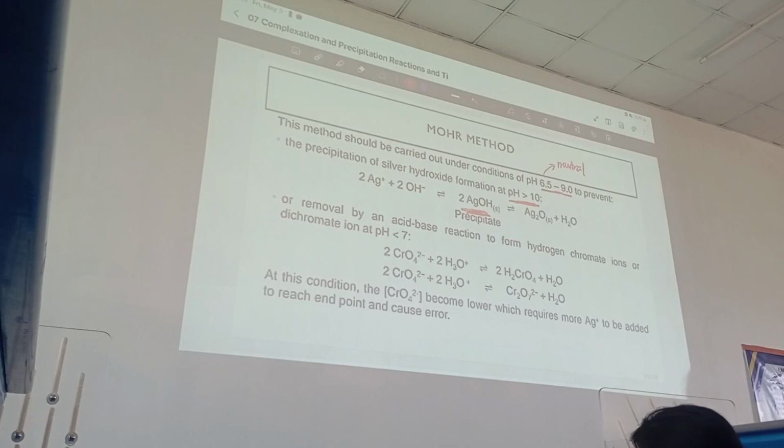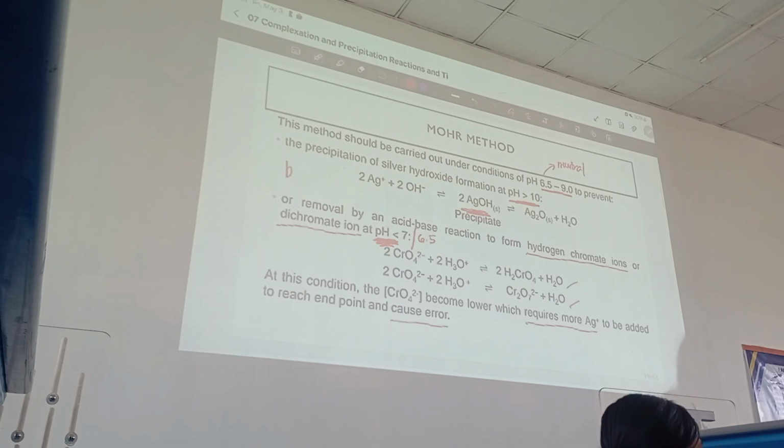Kung less than 6.5 or 7, mag-form og hydrogen chromate ions or dichromate ion. So at this condition, it requires more Ag plus to be added to cause error. Neutral lang siya from 6.5 to 9 pH.